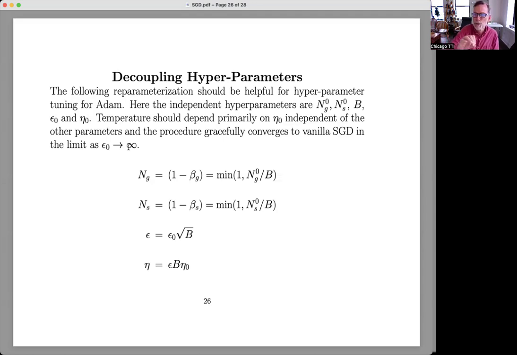And if you can smoothly move between being adaptive and being non-adaptive, there can be a point on that smooth transition that's optimal. But in order to smoothly move to vanilla SGD, you want a parameter that controls that independent of the other parameters. And so this reparameterization does that.